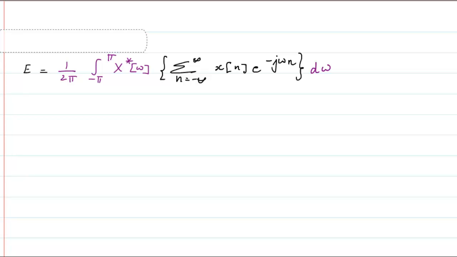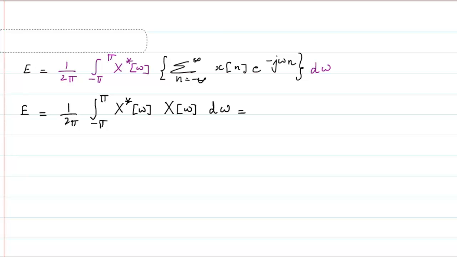Now what is within this bracket? Within this bracket we have the Fourier transform of x of n, which is x of omega itself. So now I will write this as 1 by 2 pi integral minus pi to plus pi x conjugate of omega, and within this bracket we have x of omega, the Fourier transform of x of n, and then d omega.